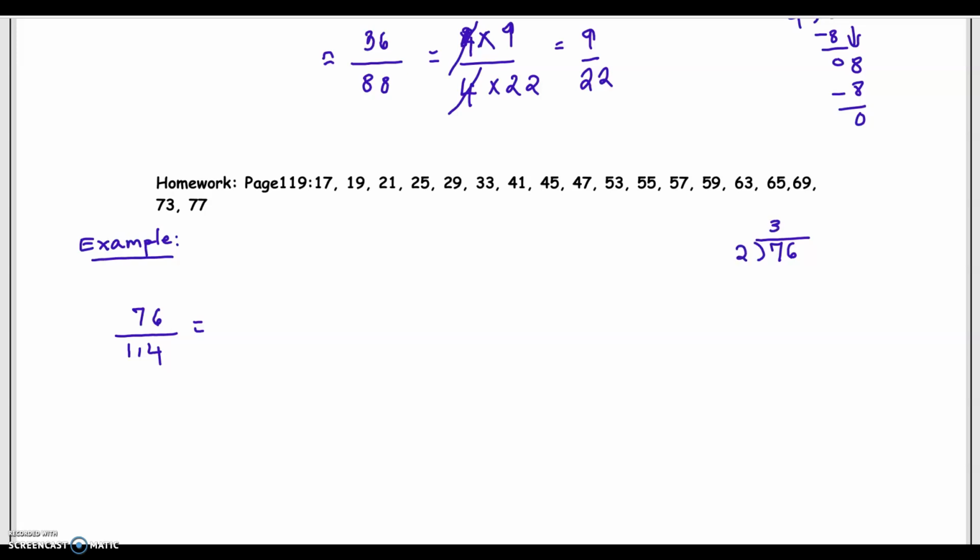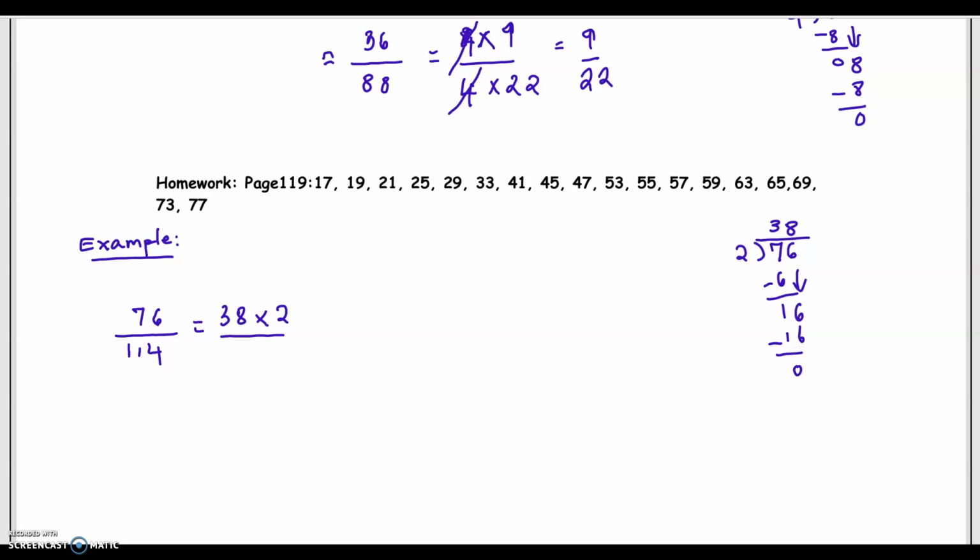So 2 has to divide 76. And we get a 0. So I could write this as 38 times 2. 76 is 38 times 2.